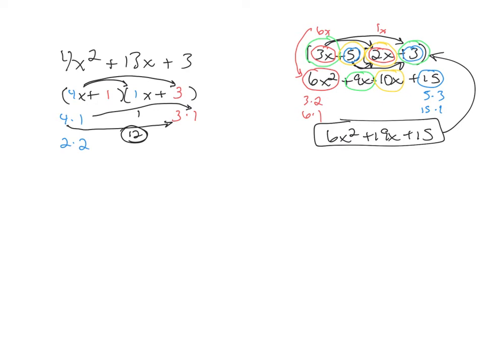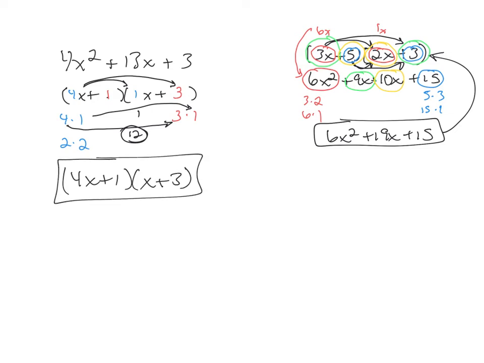Okay, if I reverse the red numbers and I put the 3 on the left and the 1 on the right, I would get 4 times 1, and that's not what I want. So the answer to the whole thing is that. And it really is just guess and check. See what happens.